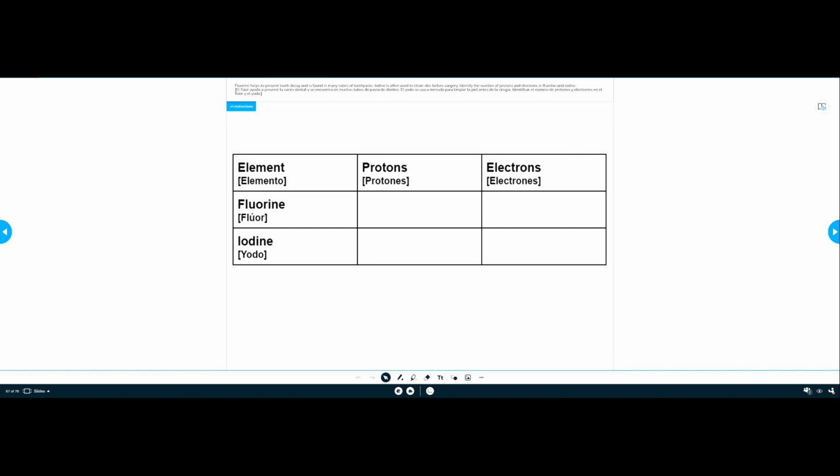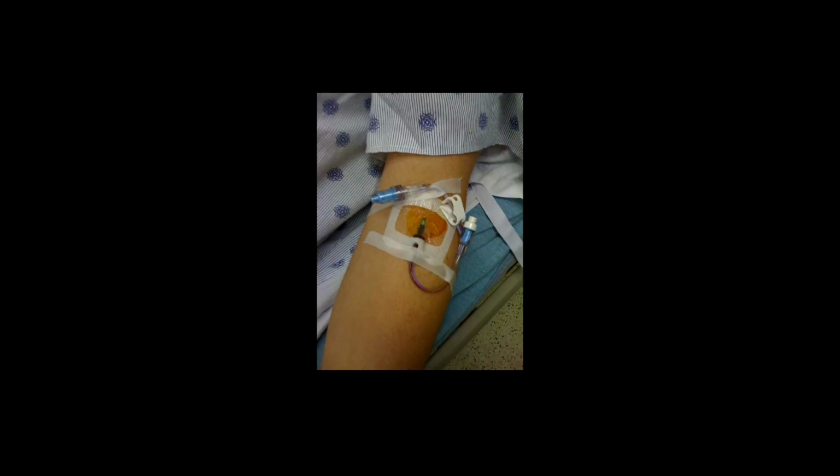The next example is iodine. Iodine is often used to clean skin before surgery. I apologize to anyone who does not like needles, but please try to focus on the orange liquid in the center. That orange liquid is betadine, which is iodine and potassium iodide mixed in water.